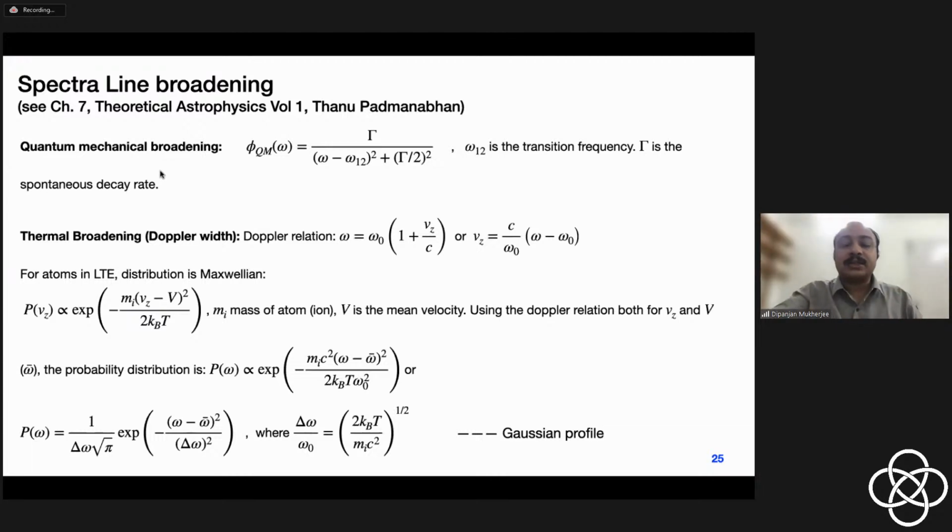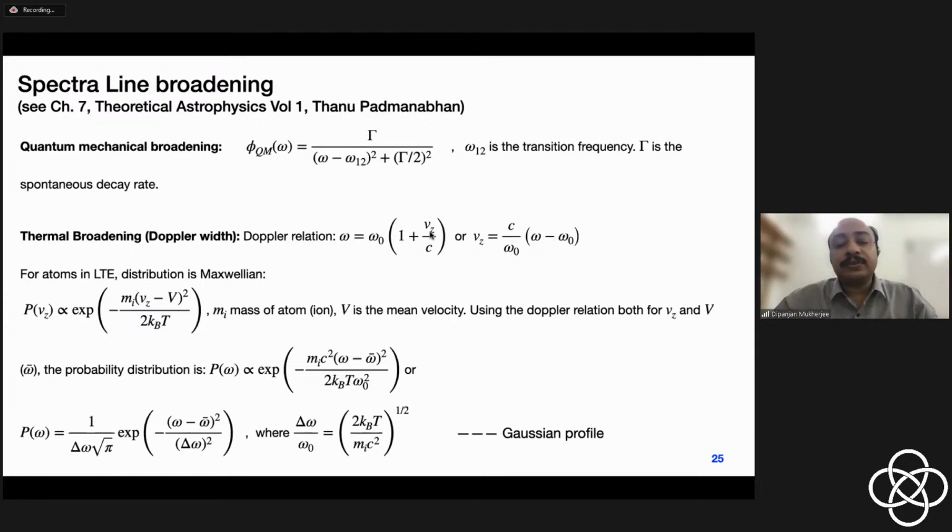Because as an emitting source is moving and emitting radiation at the same time, the frequency perceived by an observer is different because of the Doppler relation. And so the Doppler relation gives this expression of the frequency change.